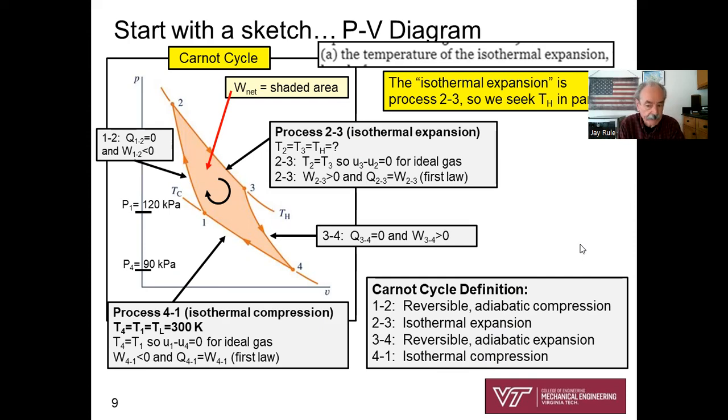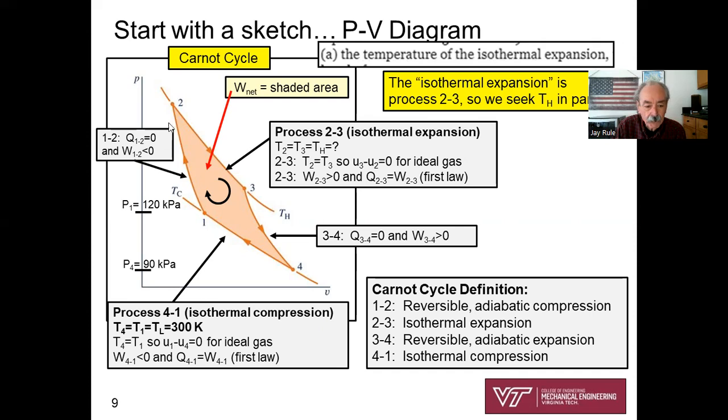In terms of starting with the sketch, we must draw the pressure volume diagram. I drew that with pencil and paper when I did this by hand, but here's the screenshot of the Carnot cycle taken right from your textbook. Let's look at the details, and that's going to help us plan for our homework solution. First, part A, the temperature of the isothermal expansion.